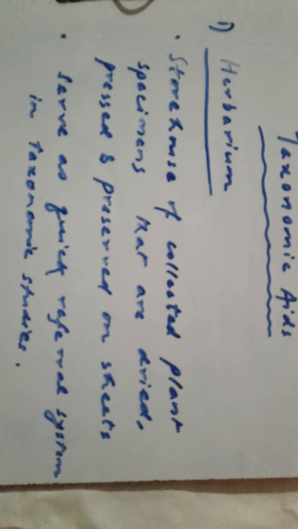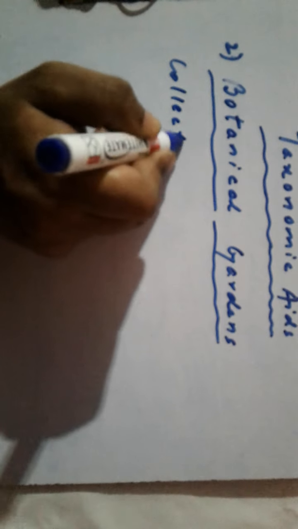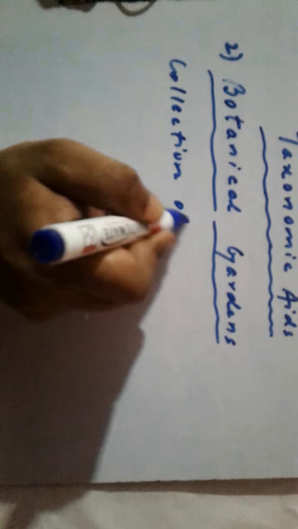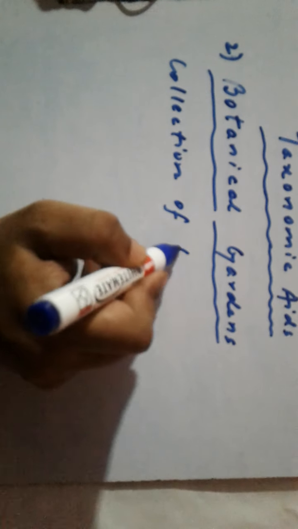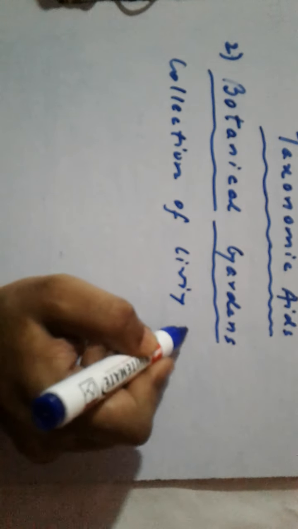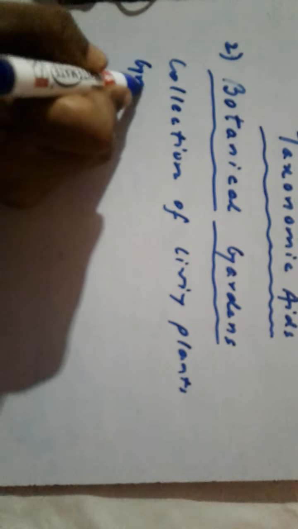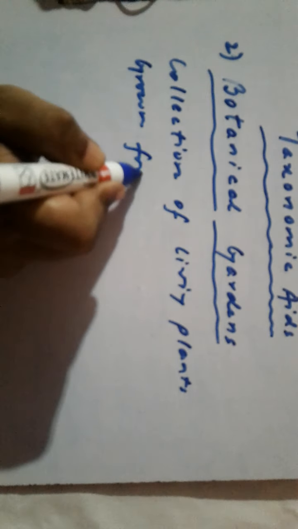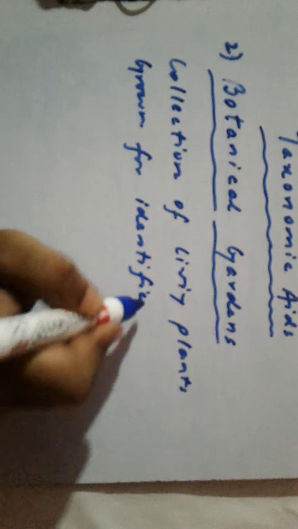The second point is most important one. So what are botanical gardens? They are the collection of living plants they are grown for identification purposes.